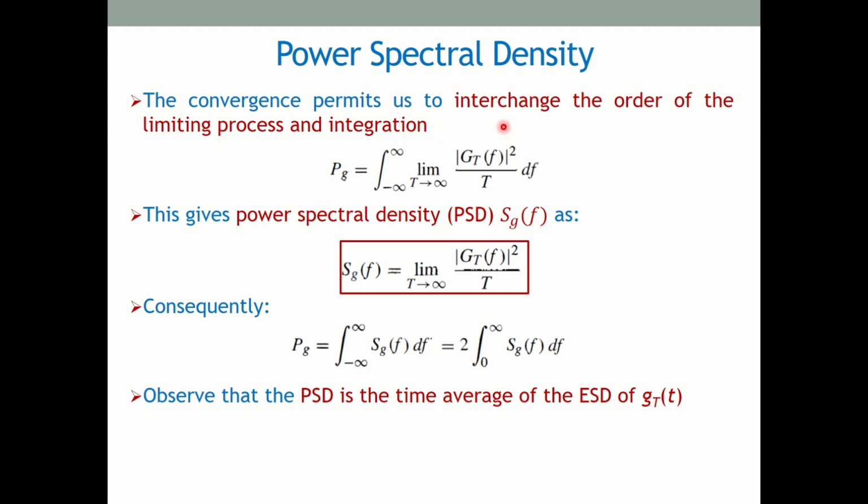We have an integral of this term with respect to frequency, so in a way this term is being multiplied with frequency to get power. That means the term within the integral must be the power spectral density, PSD, denoted as S_g(f). This is the power spectral density. When it is integrated over frequency, we get the total power.